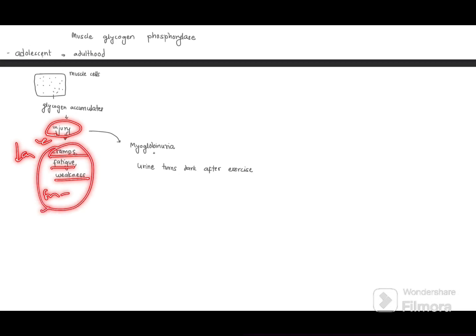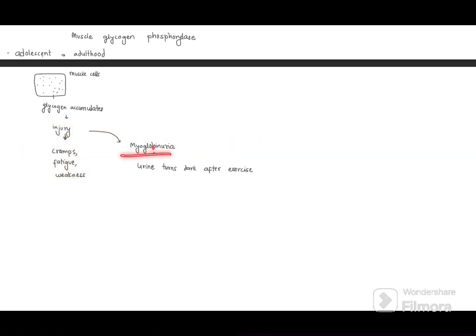All these features are present, and the injury of the muscle leads to liberation of myoglobin, right? Myoglobin is an oxygen carrying pigment in the muscle. So myoglobin liberated in the circulation is ultimately excreted through the urine, leading to myoglobinuria. Urine turns dark, mostly after exercise.